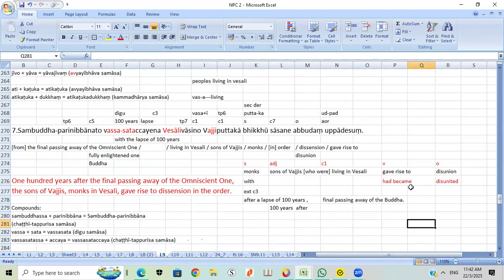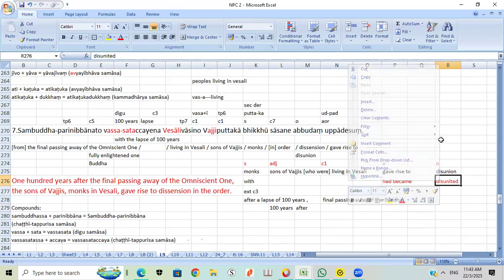So I think "had become disunited". This is how I see this word. The dictionary gives you this word, but I think this should be the one: has become disunited. You get what I mean? That is what I want you to be able to figure out. You don't have to follow exactly.